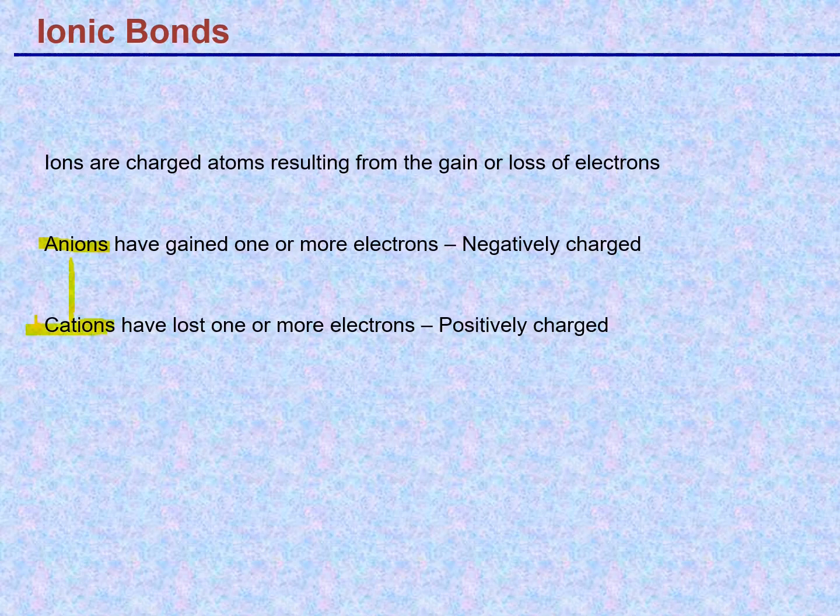There's a donation here. If this is an electron, it's gone over to here, from the cation to the anion, and therefore you have a negatively charged and a positively charged molecule or atom, and therefore they will be attracted to each other because of the attractive force of negative and positive charges.